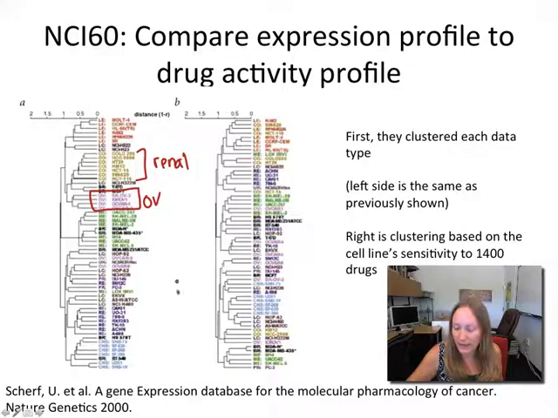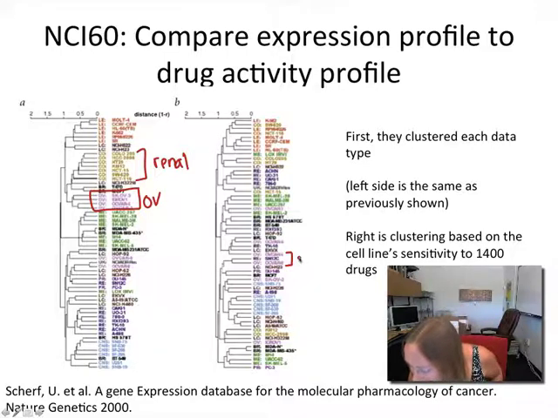And then in section B here, we're showing the clustering based on the cell line sensitivity to drugs. So instead of being a tissue of origin map, this is saying, okay, well, OVCAR3, OVCAR8, and SV1C all have sort of similar response profiles to different drugs.